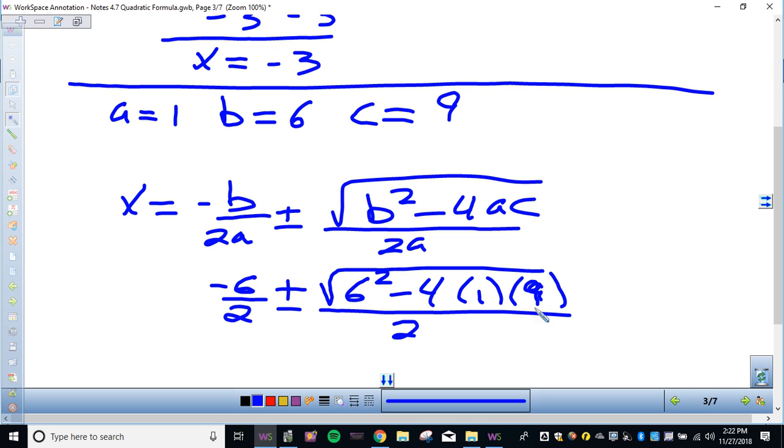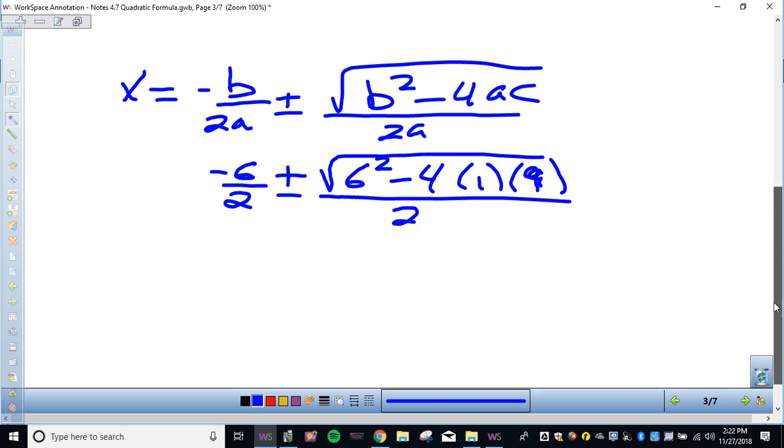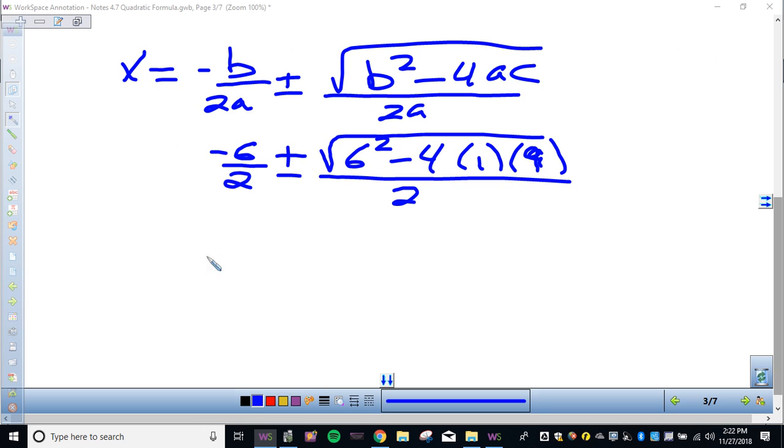So underneath the radical becomes 36 minus 36, which is 0. So we get negative 3 plus or minus the square root of 0 over 2.